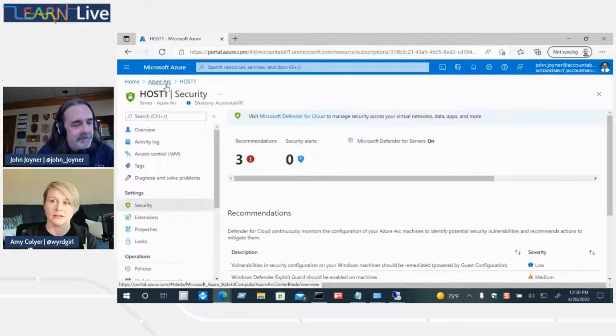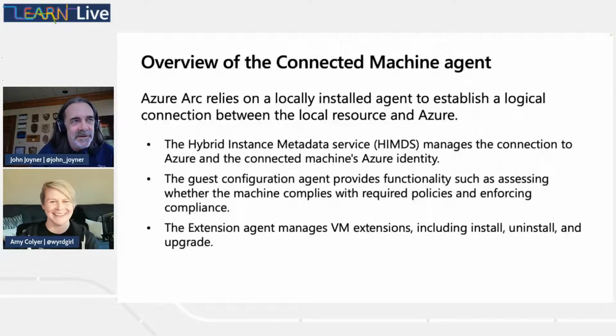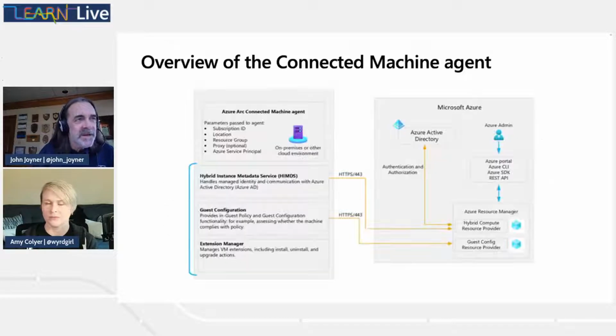The unit 2 of 8, overview of connected machine agent. Yeah, I have that up. I'm still seeing my screen. Oh, okay. Hook us up, Dwight. Thank you. There we go. And maybe the next portion of the document. There we go. Yeah, the overview.